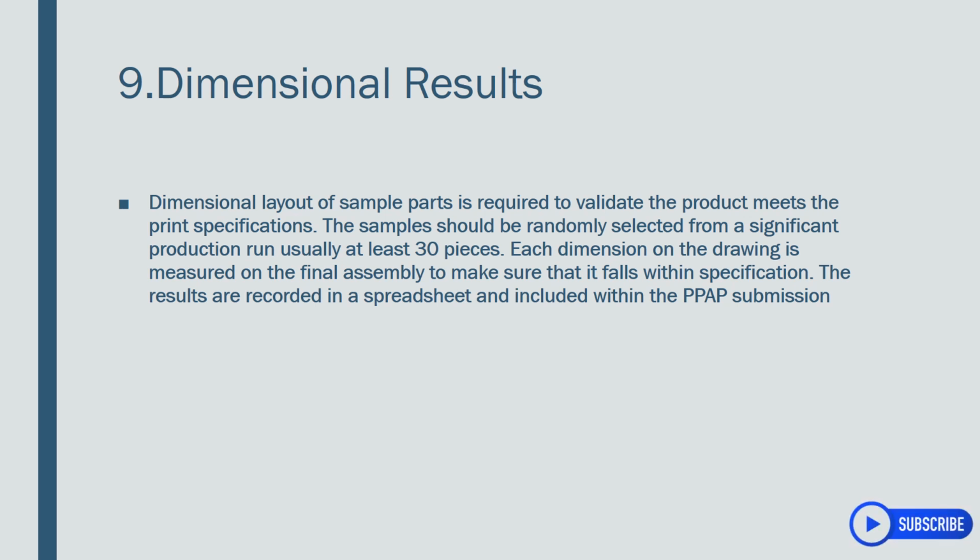Each and every dimension in the drawing needs to be measured, and in the final assembly, to make sure they fall within the specifications given in the customer drawing. The results are recorded in a spreadsheet and included within the PPAP submission. While we are submitting the PPAP, the dimensional results play a major role in identifying whether all dimensions meet the customer specifications or not.